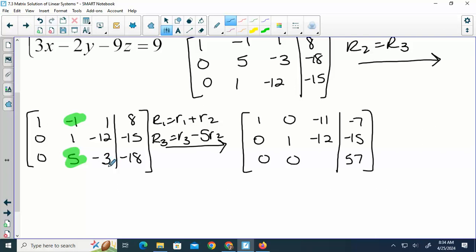So let's fix that. So that would be negative 3 minus 5 times negative 12. So negative 3 plus 60 is 57. That looks a lot better. All right, now what do we want?